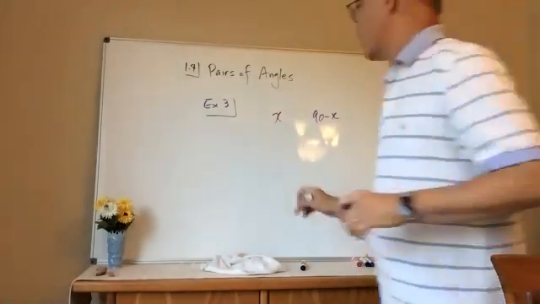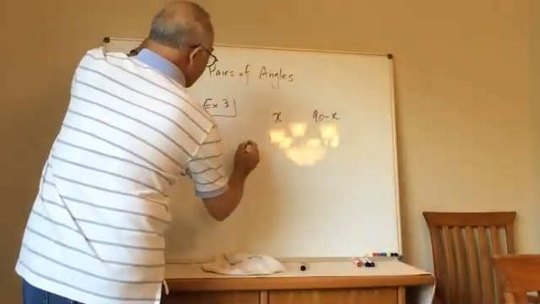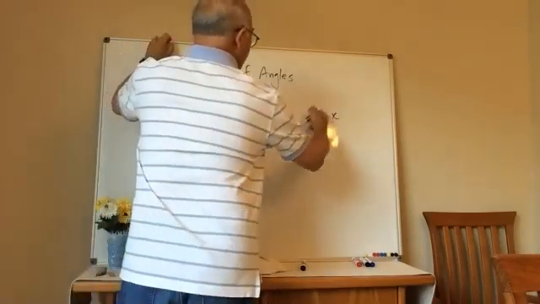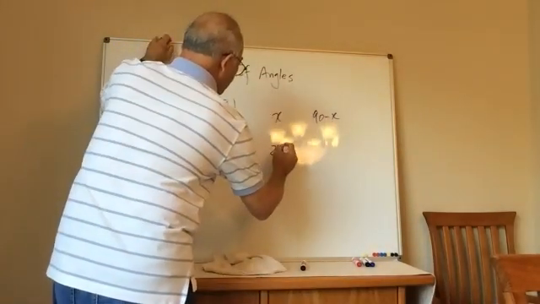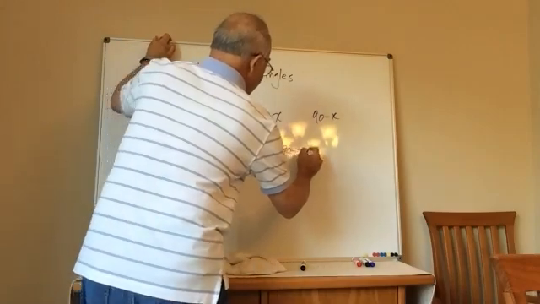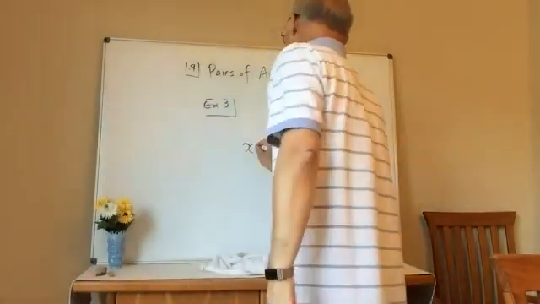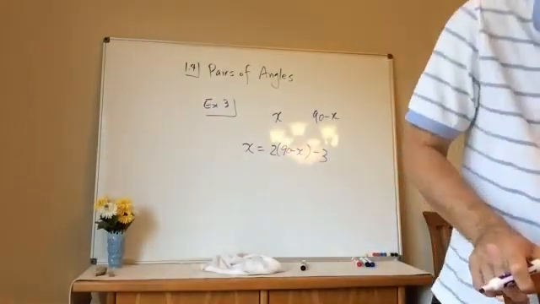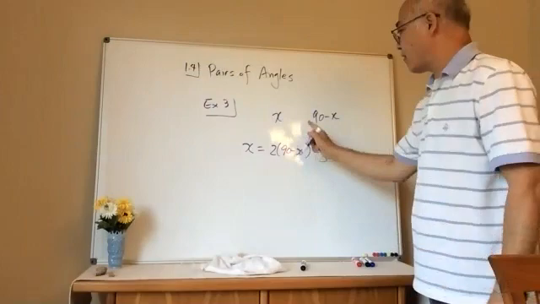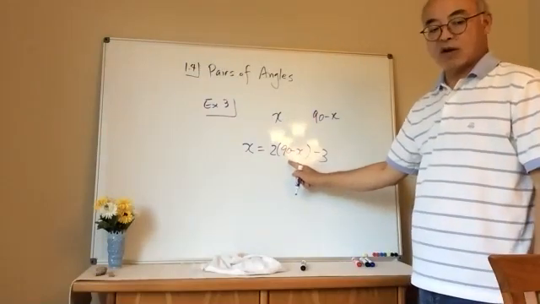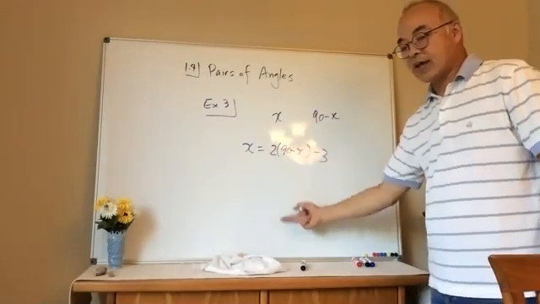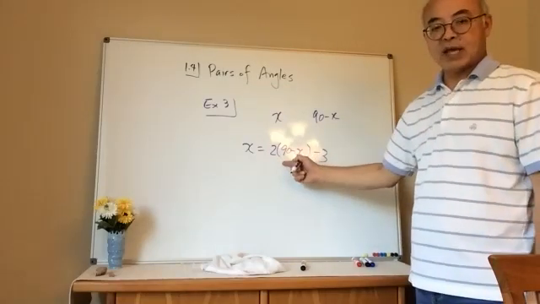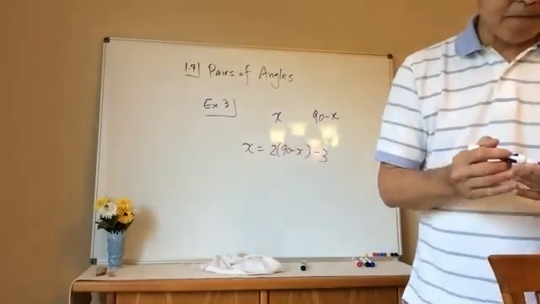So the angle here is 3 degrees less than 2 times this. So 2 times this, and I have to subtract 3 to make it equal to x. Everybody see that? This is the hardest part of this question, to get from here to here. So the mechanics down here are kind of important, but not as important as being able to establish this.